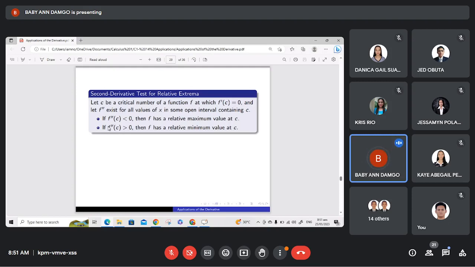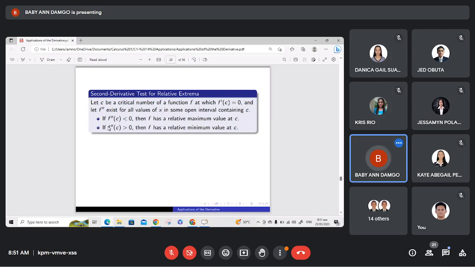So first, we find the first derivative. Next, we solve for the critical value, c. Next, we obtain the second derivative. Whatever the result of the second derivative, substitute the critical value. If it's positive, f has a relative minimum. If it's negative, f has a relative maximum.